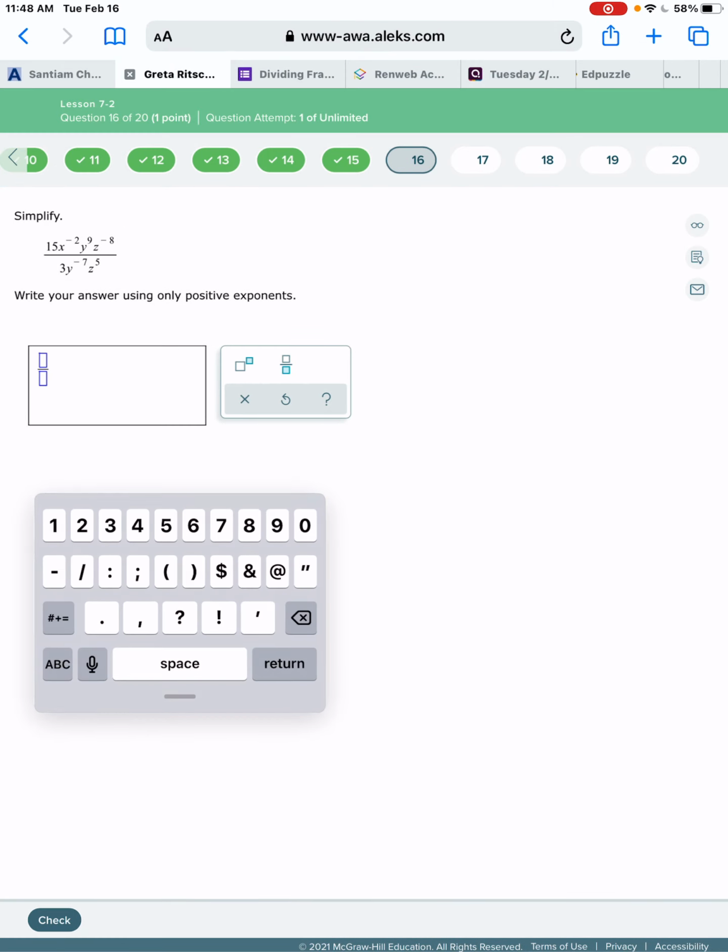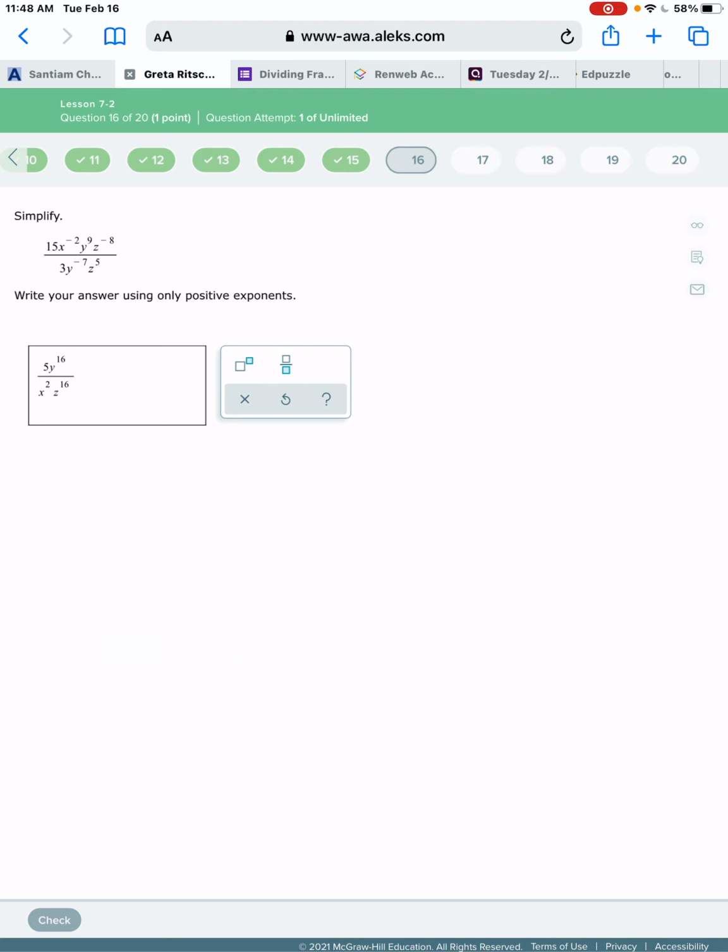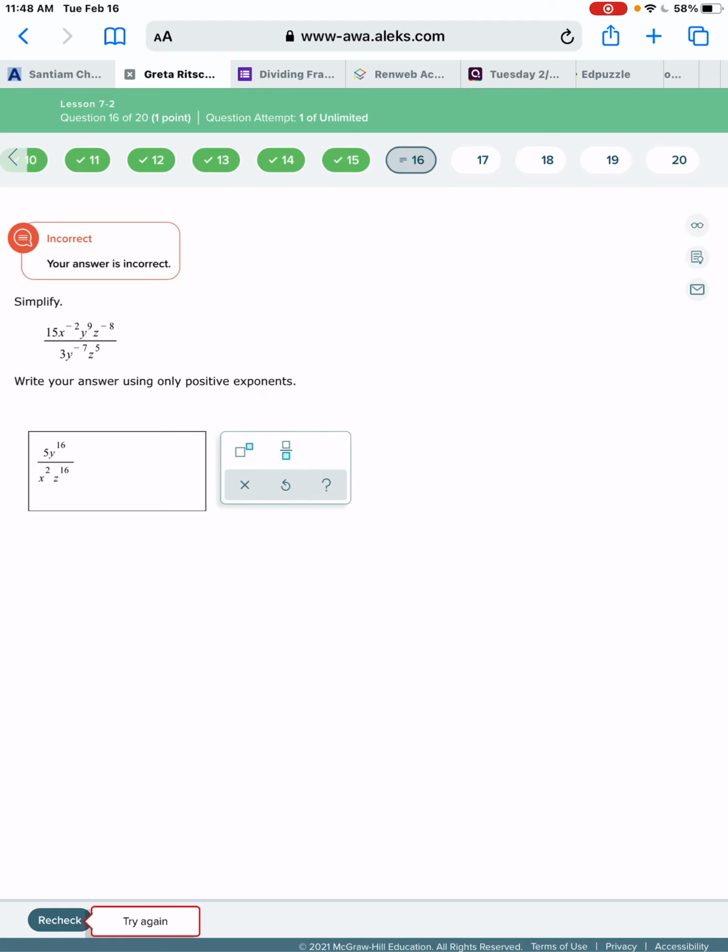Okay, let's do this. What I have left in the top is 5y to the 16th. I wrote this down because I probably couldn't remember it long enough to write it in here. 2 and z to the 16. Check. And I have messed something up.